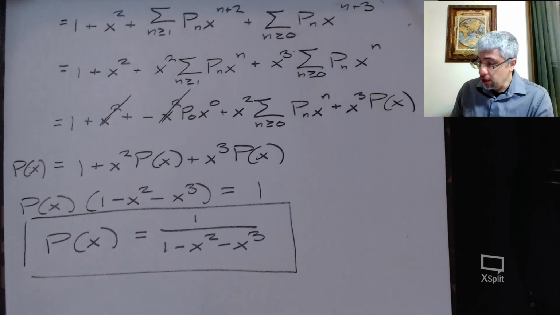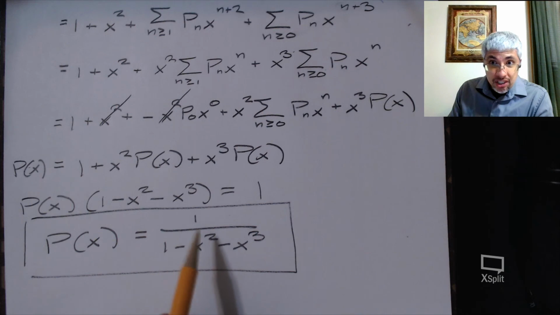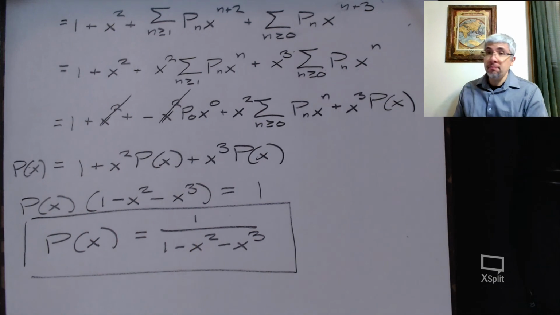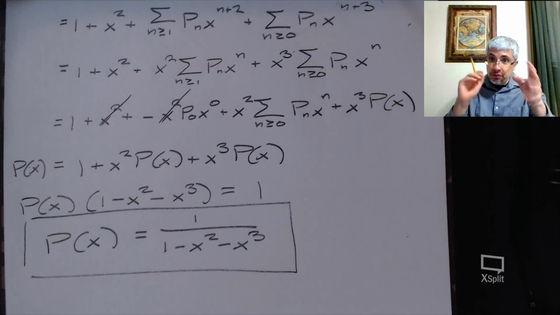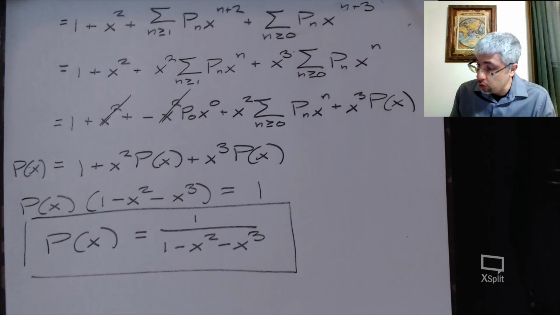And of course, you can adjust this using multiplication by x to the n, and maybe adding on some terms if you need to in order to make your initial conditions fit whatever you want them to be. But that's a nice second example of solving a recurrence relation using generating functions.